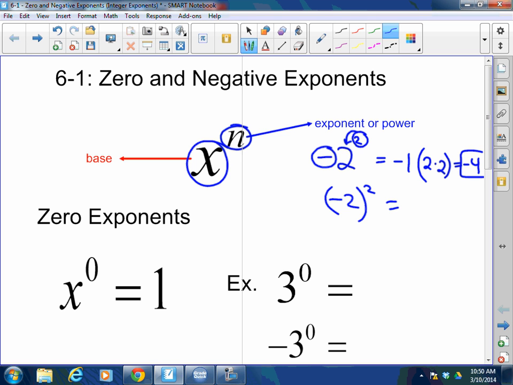As opposed to the second example, when I have negative 2 in parentheses, everything inside of the parentheses is affected. So that would give you negative 2 times negative 2, which is 4. Does that make sense? Okay, so then let's move on.